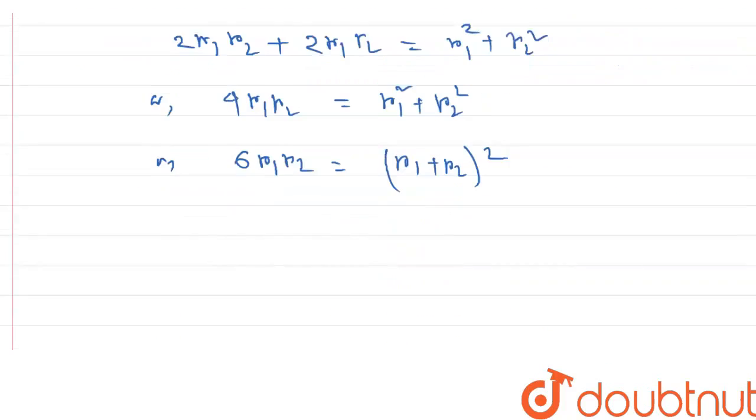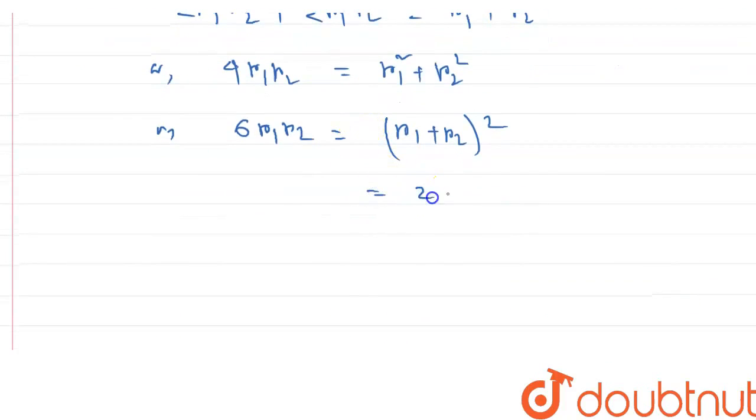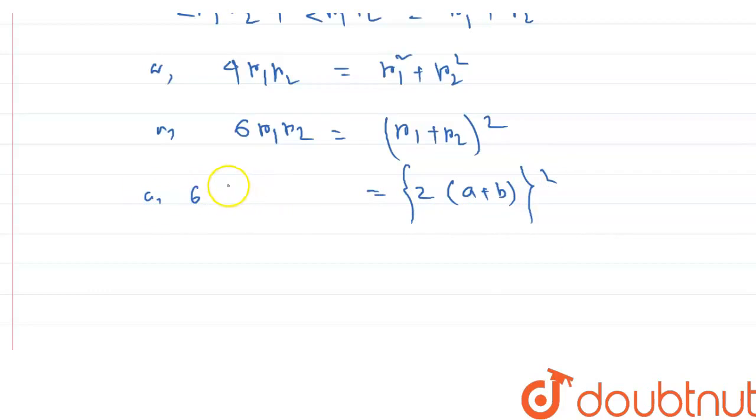So here we put 2 into (a plus b) whole square, and here 6 into r1 r2, that is a square plus b square.